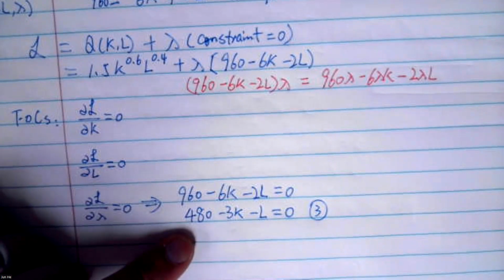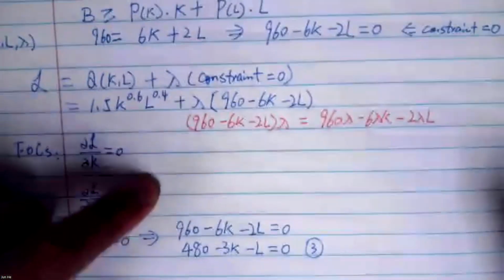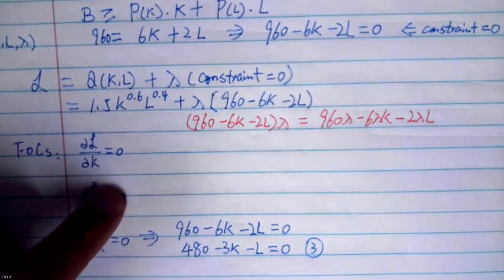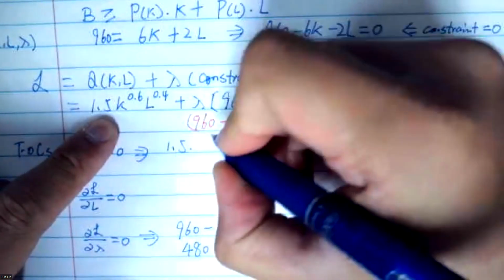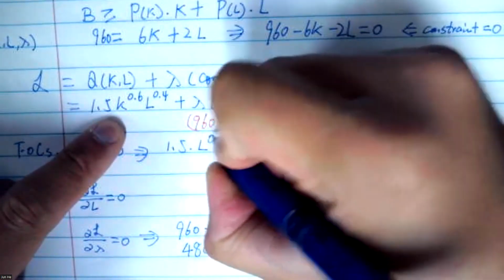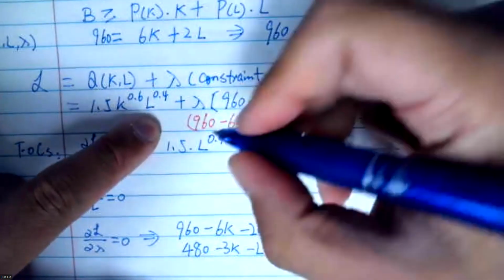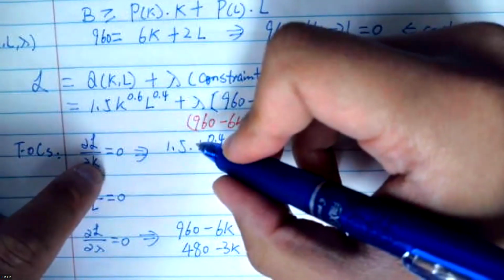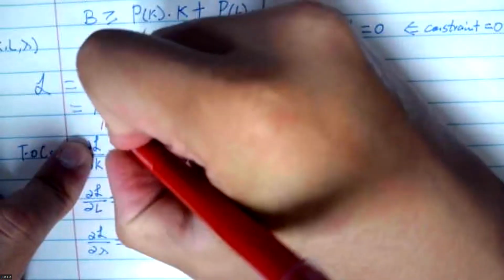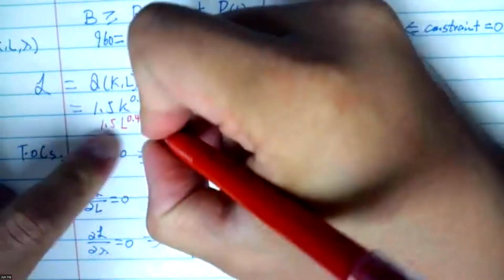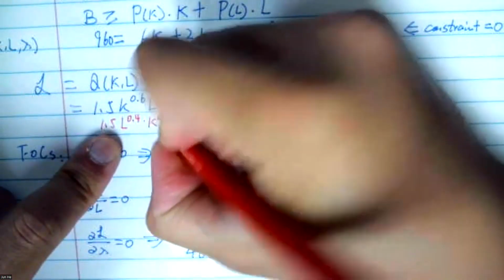Now let's look at equation 1. Equation 1 is the derivative. 1.5 multiplied by L to the power of 0.4 has nothing to do with K. So it is 1.5 L to the power of 0.4, K to the power of 0.6.